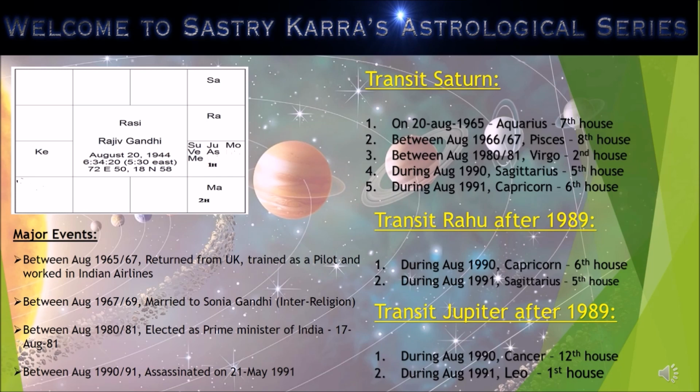Remember, the 8th house also deals with secret dealings or secret affairs. You all know what happened for him in the United Kingdom while he was a student: he had a secret affair with a girl from Italy, and that ended up in getting married. So you can see it all this way. 67 and 69 is when he got married.